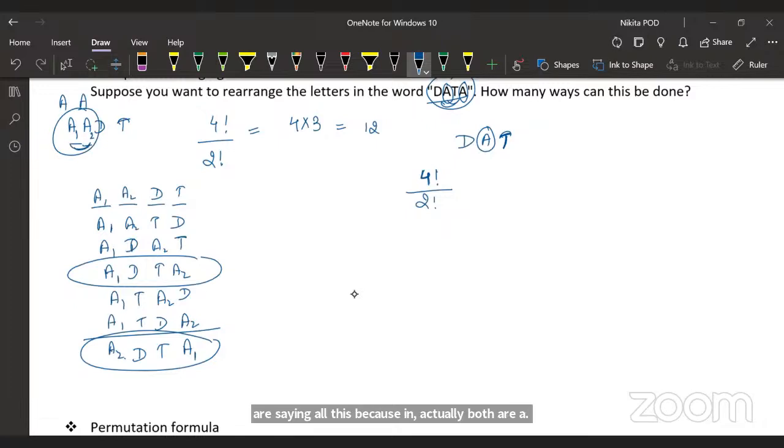So you see, again, this is repeating. If you write all the possibilities, whatever possibilities you write, everything is appearing twice.